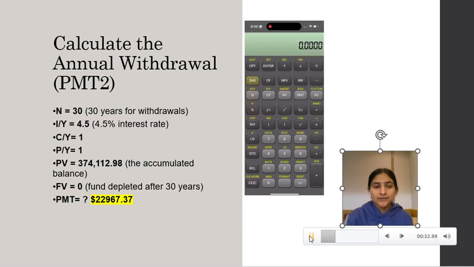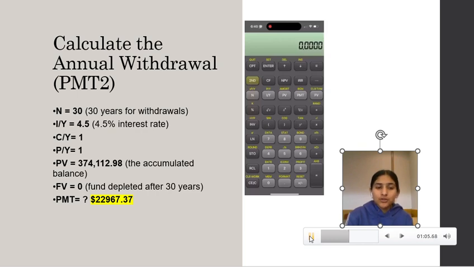We know the employee has accumulated $374,112.98 after 15 years of savings and they want to withdraw from this amount for the next 30 years. The interest rate is still 4.5% compounded annually, and they want the balance to reach $0 after 30 withdrawals.